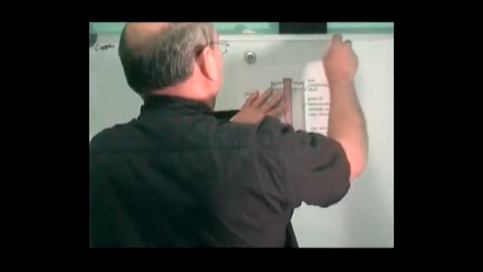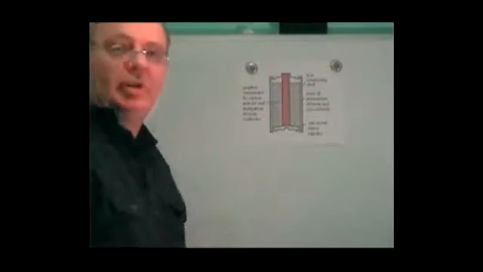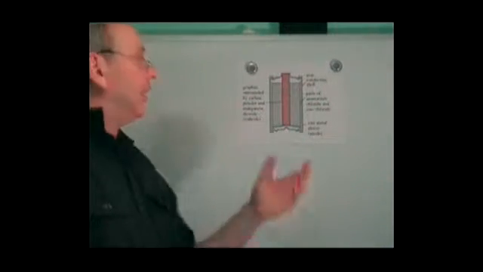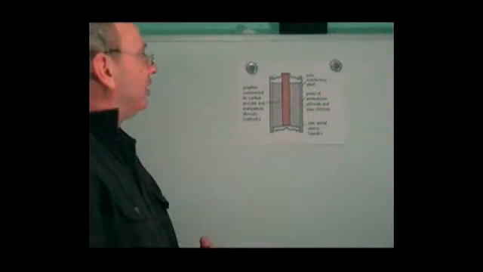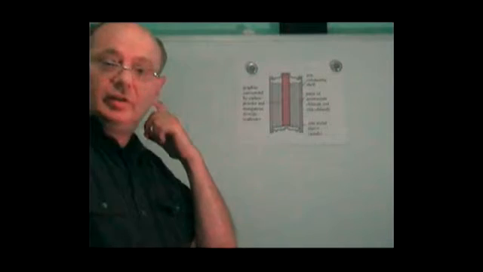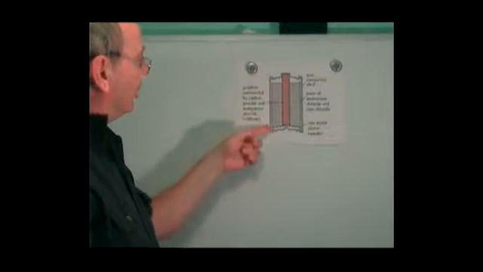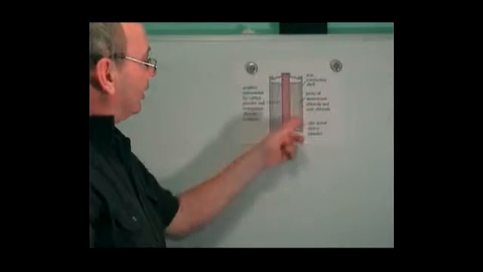So that led to a battery that we're more familiar with today, and this is a zinc-carbon battery, and what this battery is, we have a zinc pot around the outside, or right here.